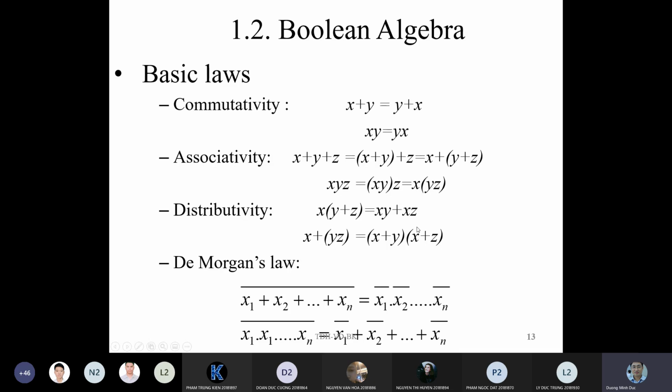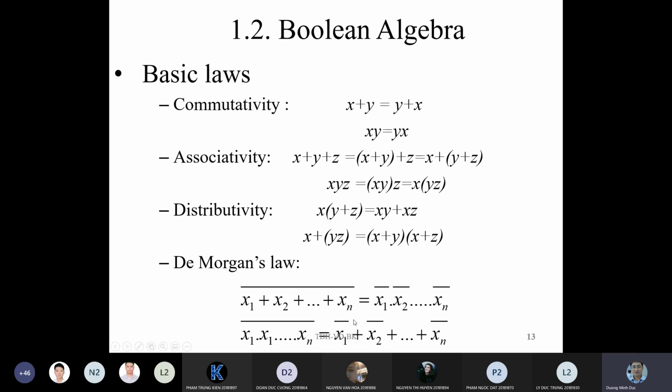Okay. So this one is very common, right? But the dual expression here looks stranger, but it's still true. De Morgan's law also has the duality, right?